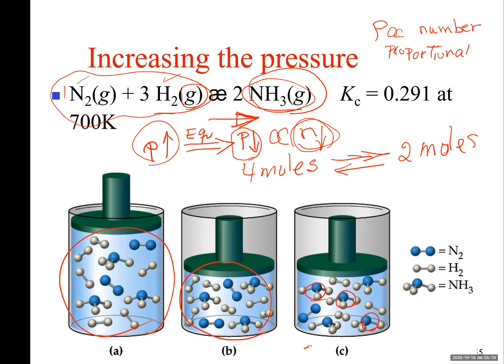Obviously, it's going to shift towards the right, because by going to the right, you are decreasing number of molecules. 4 molecules are bonding to make 2 molecules. So this equilibrium, and see the actual practical experimental result shows that 3 moles or 3 molecules, either one doesn't matter, is shifted to 5 moles.